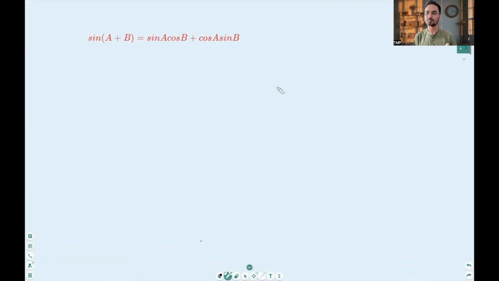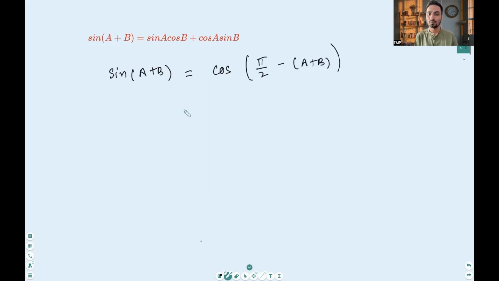Now let's go ahead and prove the formula sine (A plus B) equals sine A cos B plus cos A sine B. In order to do that, we will use the formula that sine theta is same as cos (90 minus theta). So we can write sine (A plus B) equals cos (pi over 2 minus (A plus B)), which can be manipulated as cos ((pi over 2 minus A) minus B).